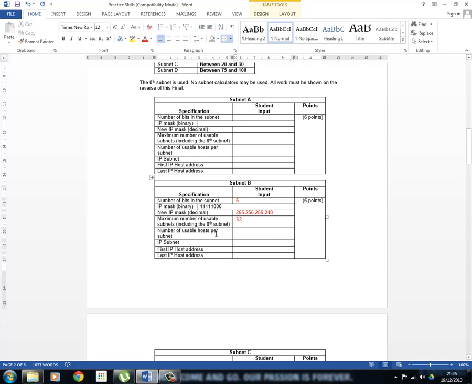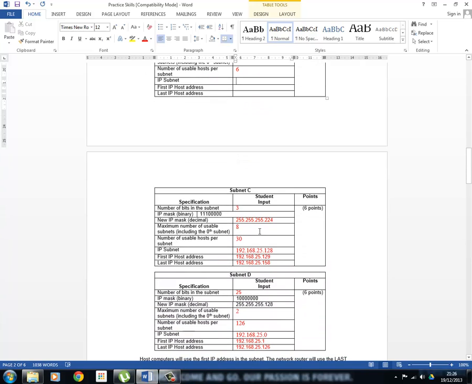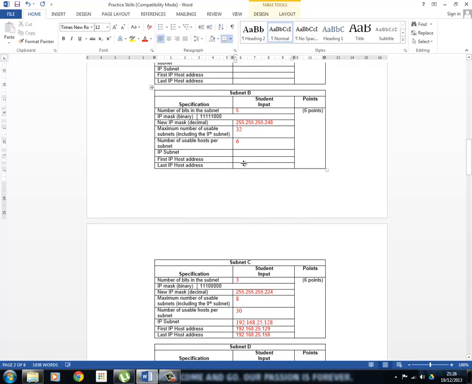Number of usable hosts per network. So if it's going up in 8, then we minus 2. And that gives us the amount of hosts we can put on that network. So it'll be 6. What is the IP subnet? Well, we know that it's going to be 160, because the broadcast is 159, the last IP is 158, so that means that the next network is going to be 160.